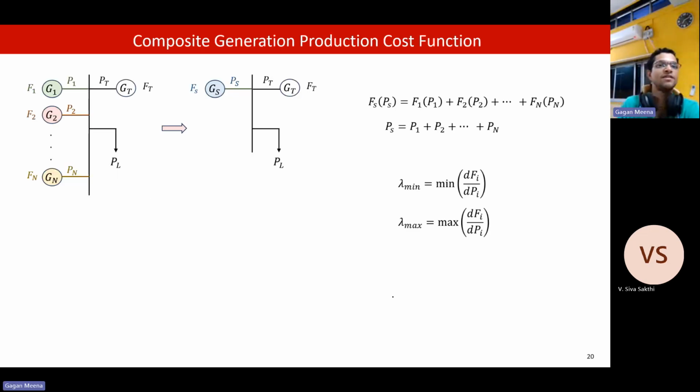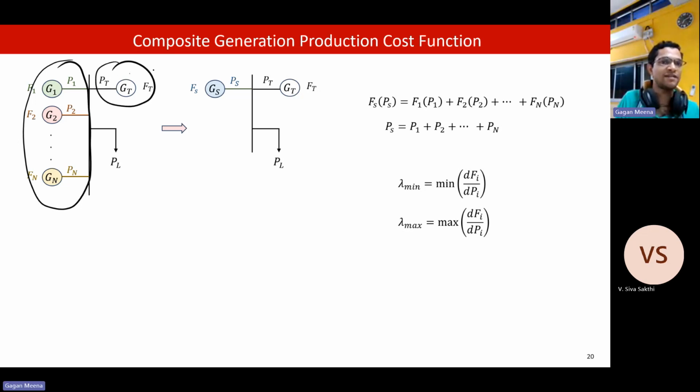Now, composite generation production cost. If we have n generators and we have another generator which has some constraints, a fuel constraint, but other generators don't have such a fuel constraint, then in such a case we can combine these generators into one composite generator, which is this GS.